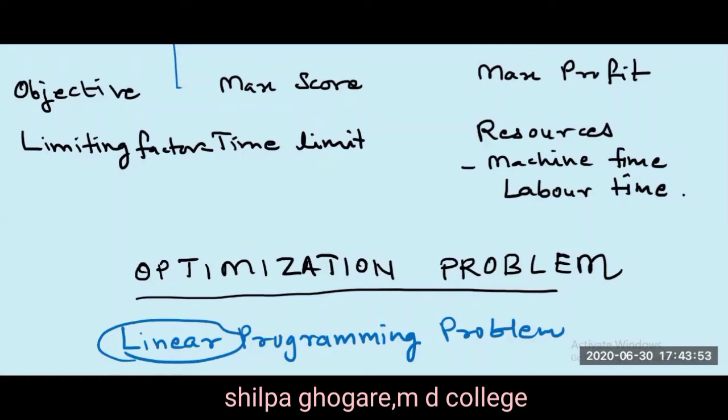An expression or equation or inequality which has the maximum degree as 1 is known as linear expression or linear equation. Programming is some word where you have the algorithm or some steps, some method. So basically it is an optimization problem. Remember that.